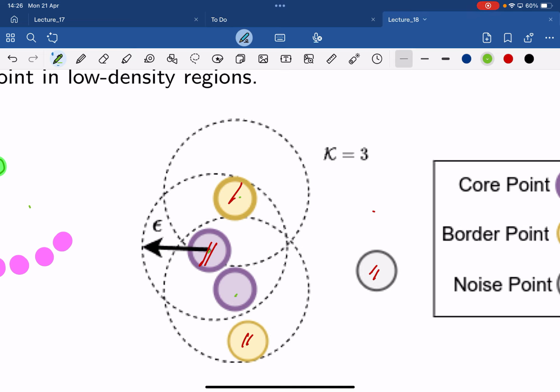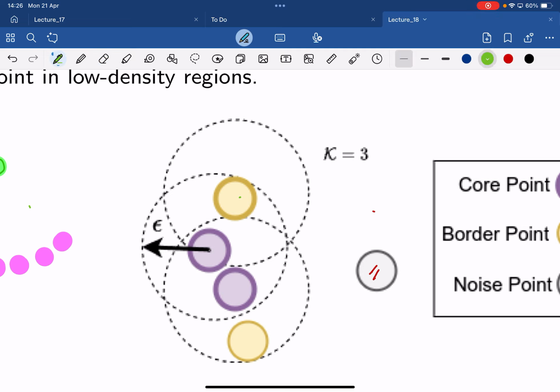And actually, if you think about this radius and the number of points inside, this is density. Let's say there are more points within this area, that means this area has high density. So that's why we call it density based. The way that we classify whether this is a core point or a border point is based on the density, whether or not it's dense enough.